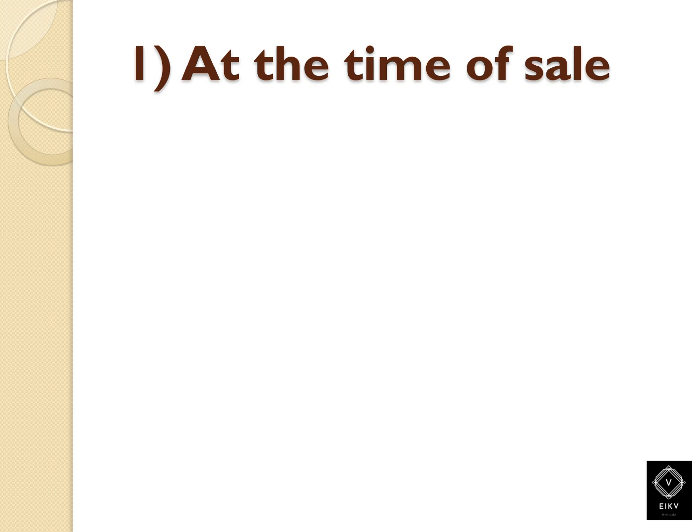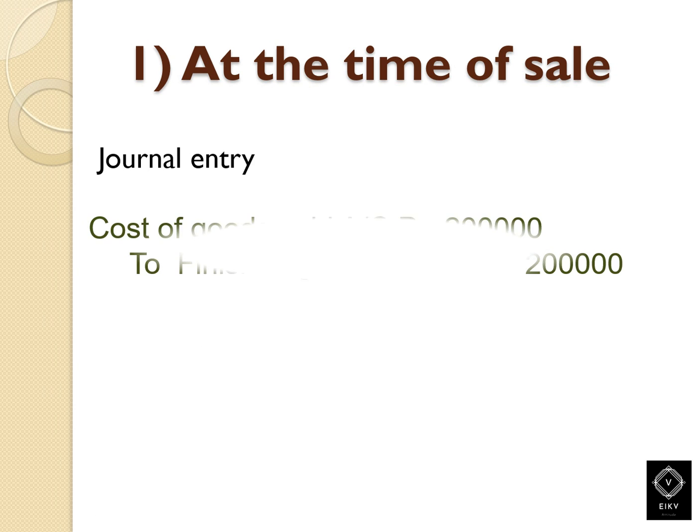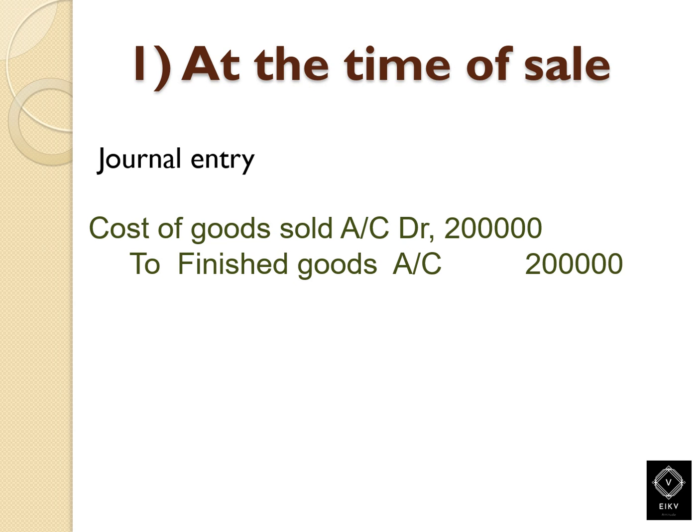Now the sale entry at the time of sale. Actually, the sale entry will be classified into two. One is for the finished goods account and another one is for realizing the sales account. Now I am going to explain how we will treat the finished goods. Cost of goods sold account debit to finished goods. At the time of sale, finished goods has been taken over, right? We need to reduce the finished goods.